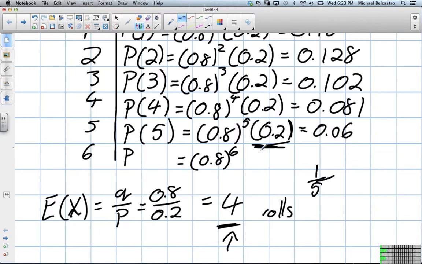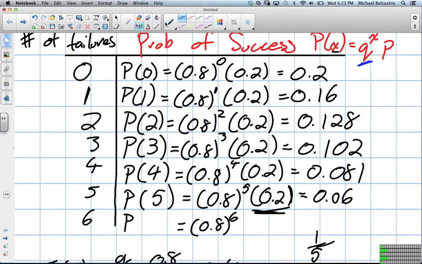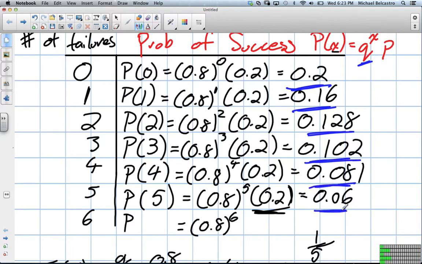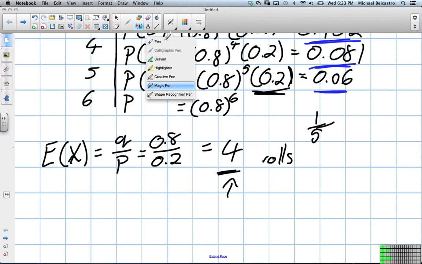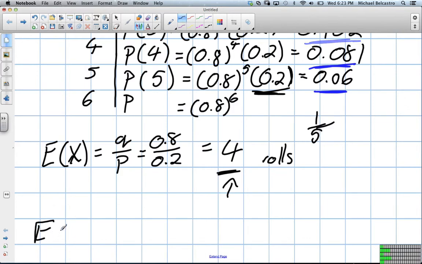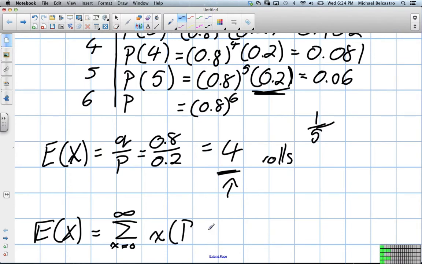Now, another way we calculate our expected wait time is to take all of the probabilities we had before and add them up, but we also have to multiply by their values. So here's another, more complex equation. Our expected wait time is also the sum, for X from 0 to infinity, of X times our probabilities.